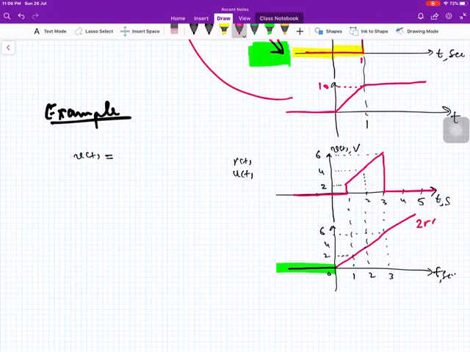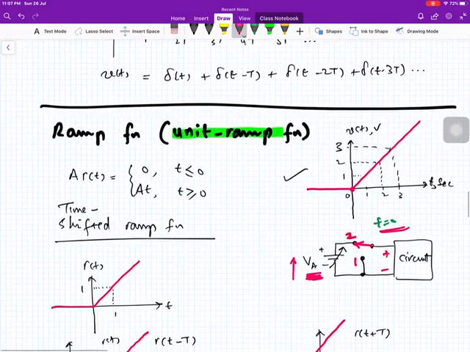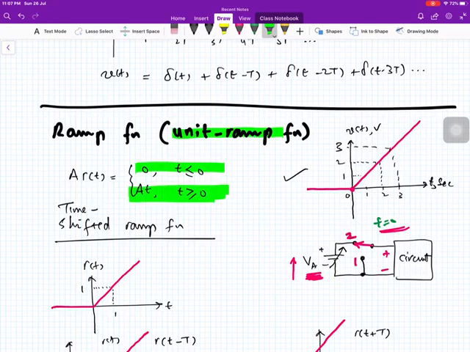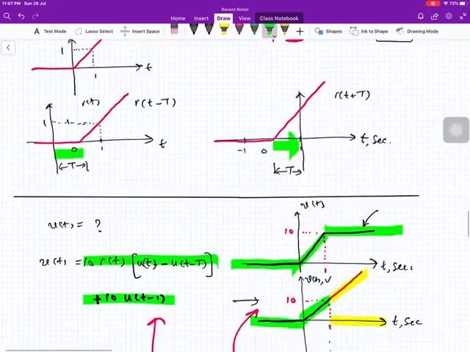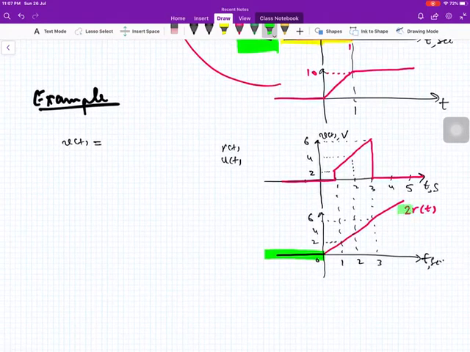We have defined the ramp signal over here, that it is 0 for t less than or equal to 0, and equal to at, whatever is the slope a. The slope which we see over here is 2, therefore it is 2r(t).